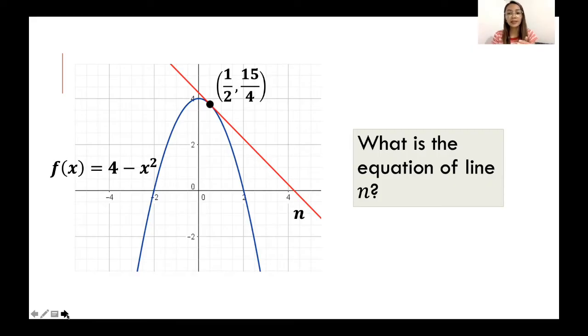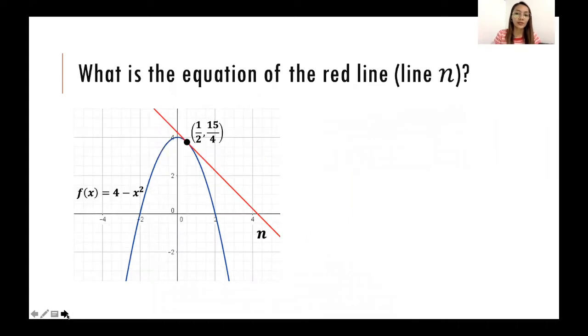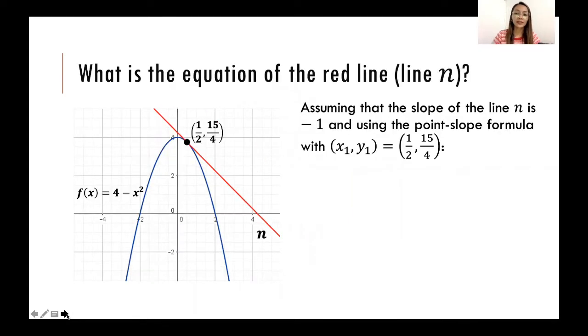Diba? So paano naman natin mahahanap yung equation of line n? Okay? So, of course, assuming that the slope of line n is -1 and using the point slope formula, so we are going to use the point slope formula with x sub 1 and y sub 1 is equal to 1/2 and 15 over 4.